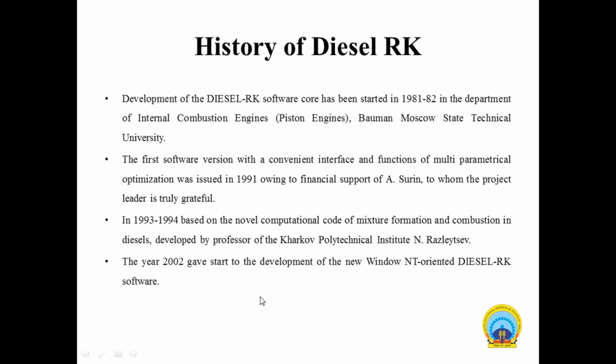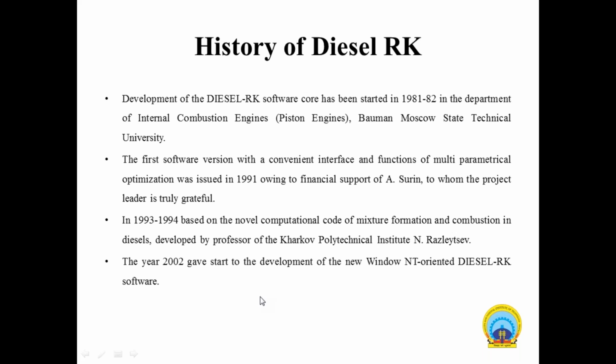In this time, the software adequacy has been tested to fit dozens of engines of various types and different purposes. Many computational procedures and options were introduced into the software to suit the demand of industrial enterprises and software users, including the biggest engine manufacturers in the country, I think Russia.